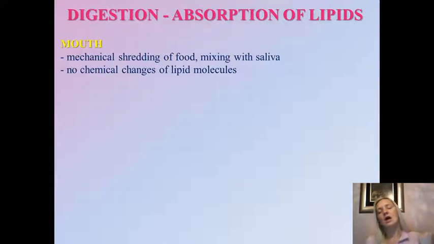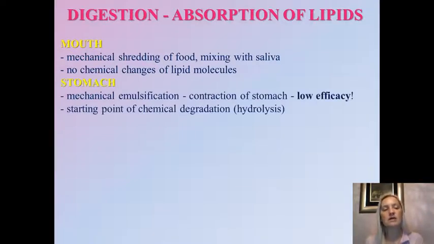So after swallowing, the content reaches the stomach, and there are two things going on at the level of the stomach. First, due to the movement of the stomach and those mild contractions, we have some kind of very weak and mild mechanical emulsification and mixing of the gastric content with gastric juices, enzymes, hydrochloric acid and so on.